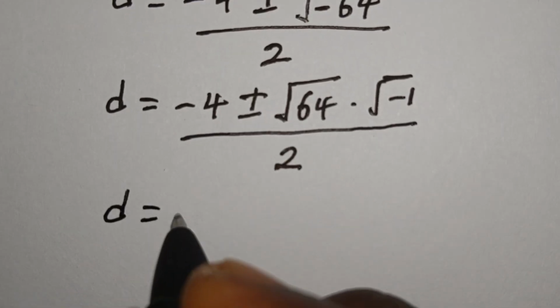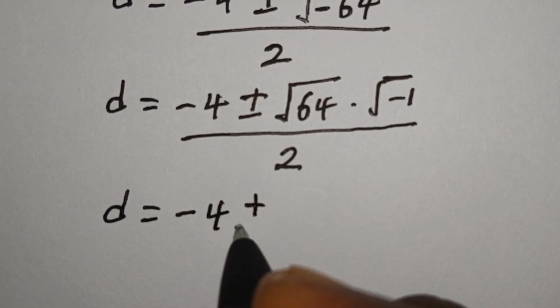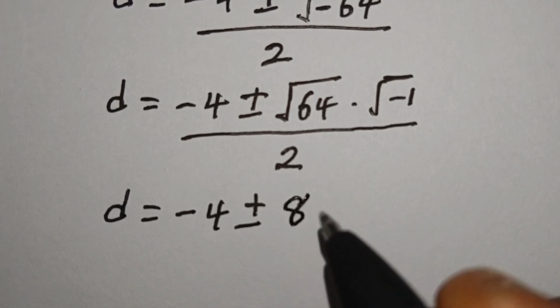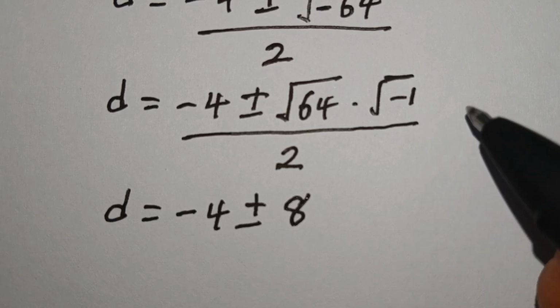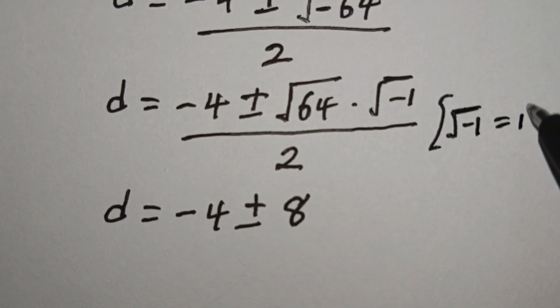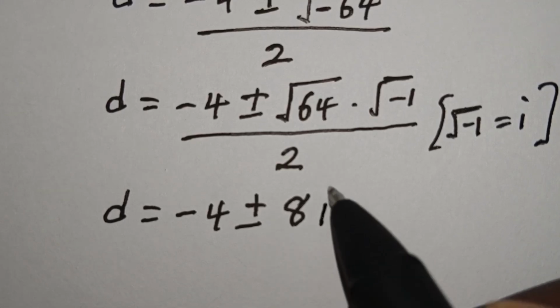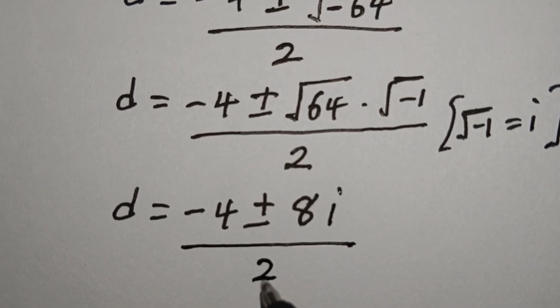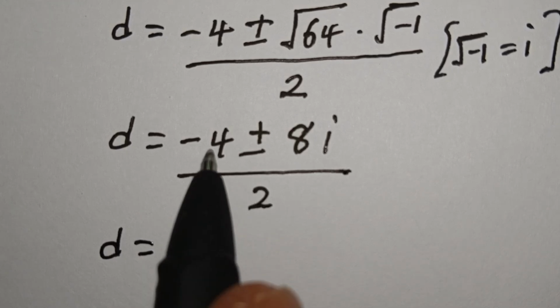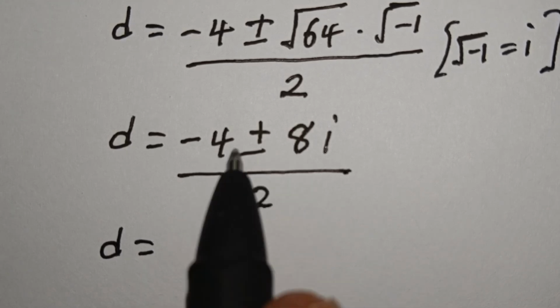D equal to minus 4 plus or minus. What is the square root of 64? That is 8. And what is the square root of minus 1 from complex numbers? Square root of minus 1 is equal to i. So we have i here, divided by 2. D equal to, from this numerator, we can factor out 2.